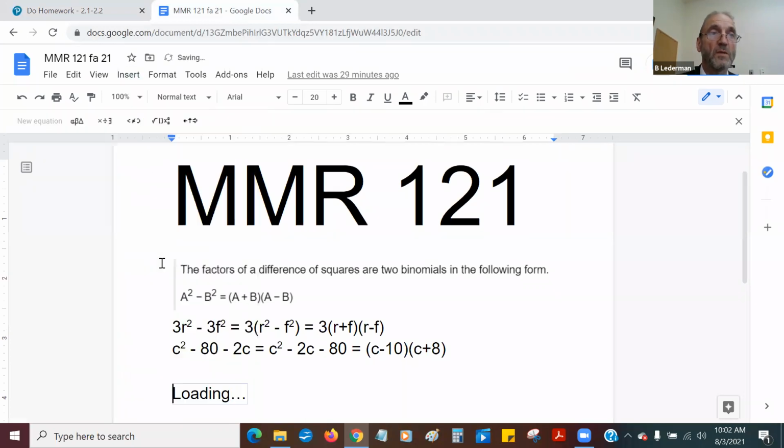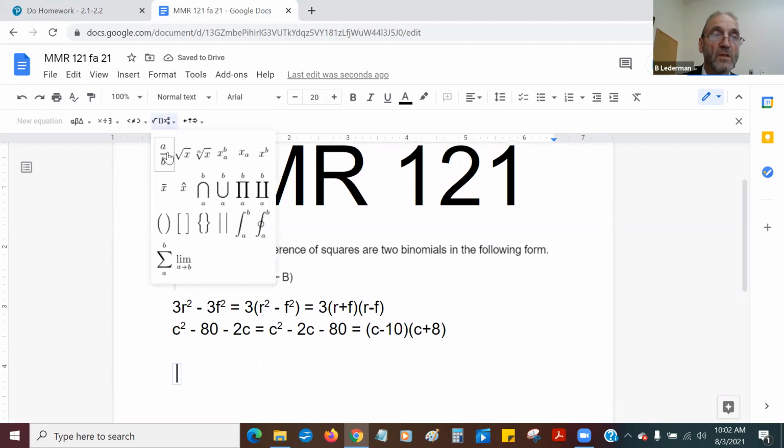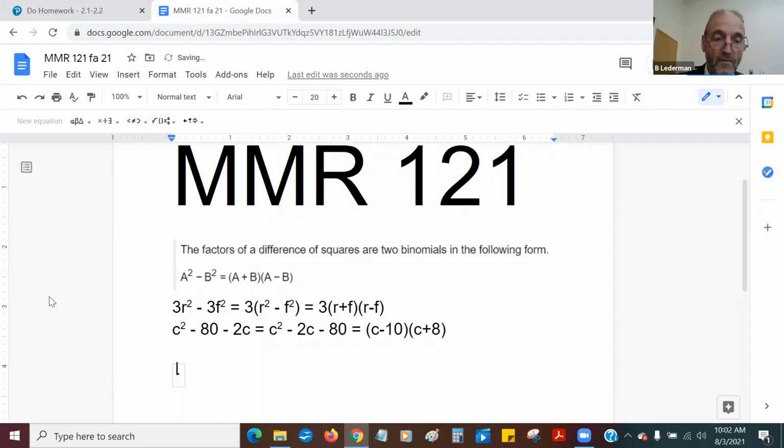So on top we have x minus 3, and on the bottom we had x squared minus 3x. Sorry, this is the best I could do. For some reason, it's not letting me type the exponent.